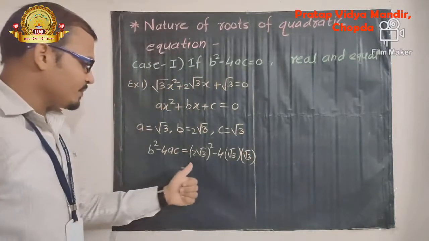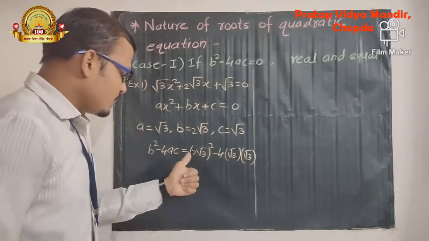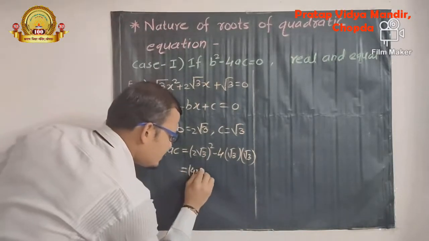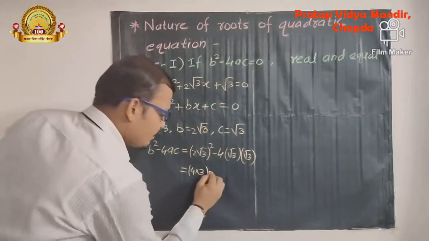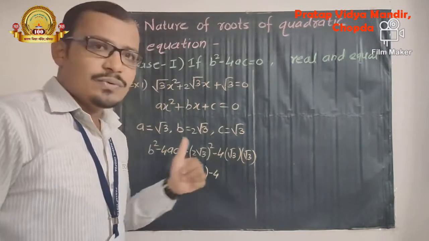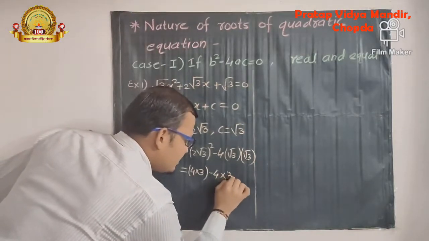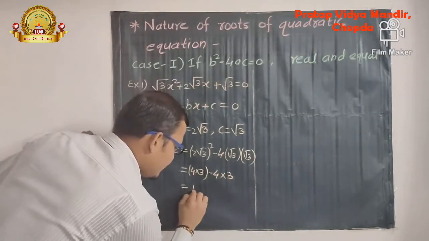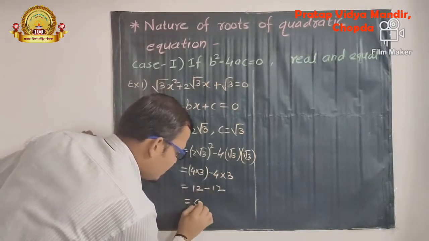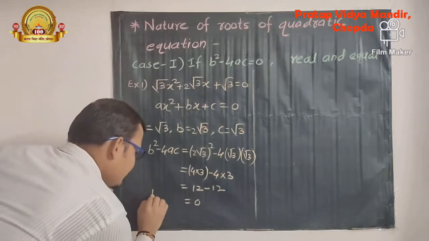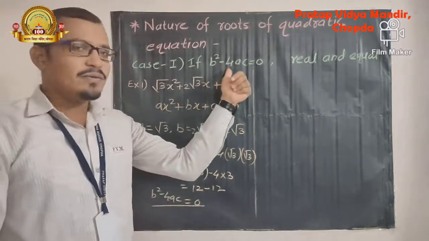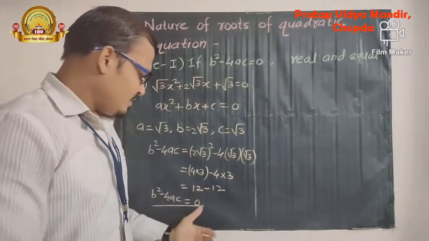So let us solve. 2 root 3 square: 2 square is 4, and root 3 square is 3, so 4 into 3, 12, minus 4 as it is, and root 3 into 3 is 3 root 3. So we get the value of b square minus 4ac is 0 here.